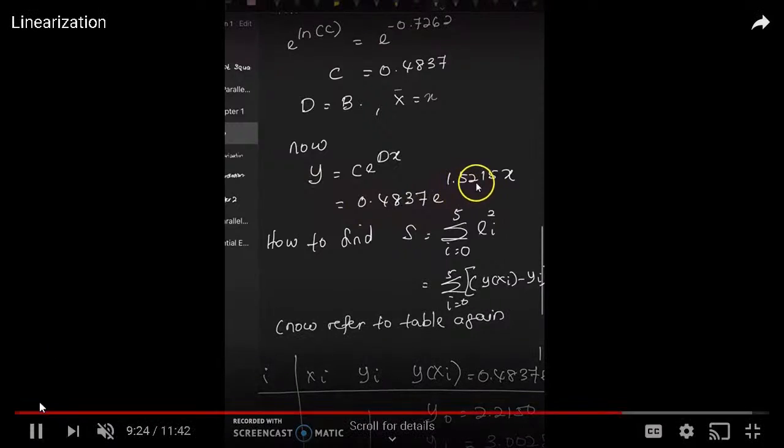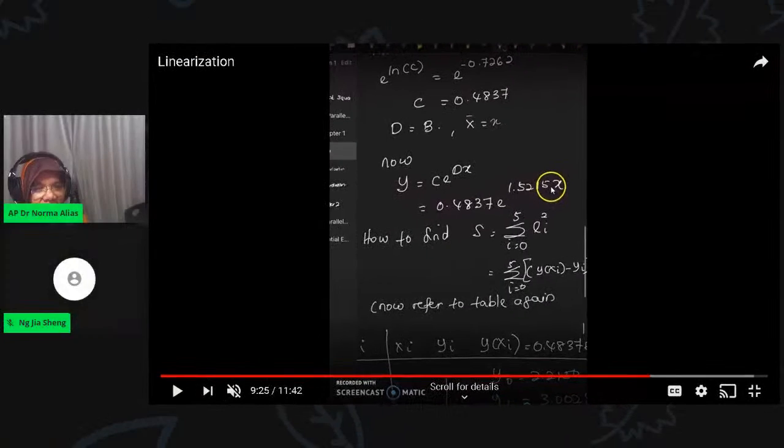Again, I'm stopping here. What are the steps to solve the nonlinear exponential function using the linear least square method? The answer is, the first step is transform. What is the first step?